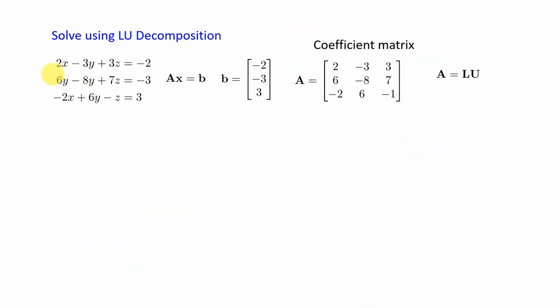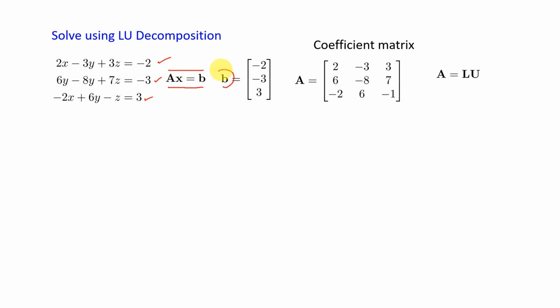Let us take up a simple 3 equations, 3 unknowns system. Here I have 2x minus 3y plus 3z equals minus 2. Then 6x minus 8y plus 7z equals minus 3. Minus 2x plus 6y minus z equals 3. This is our Ax equals b system.